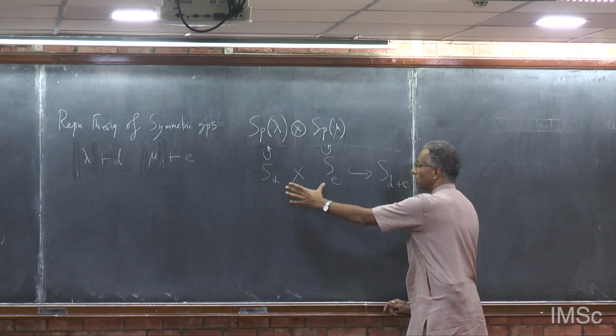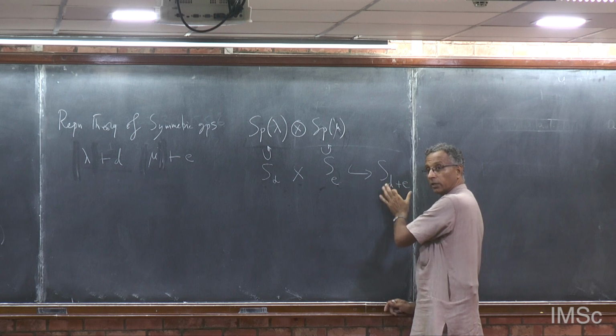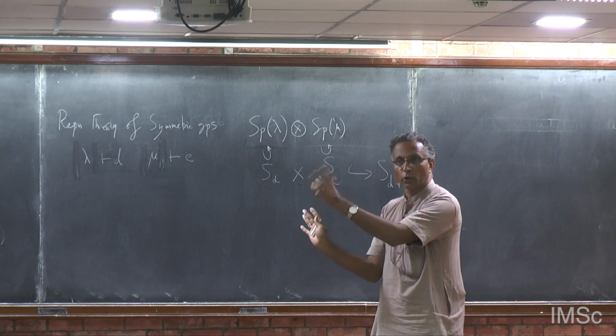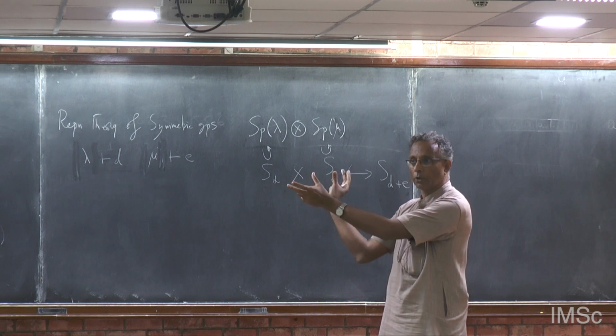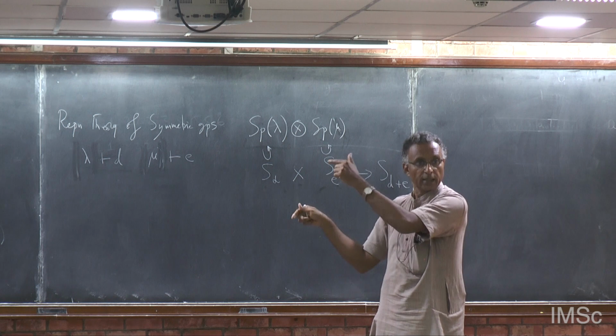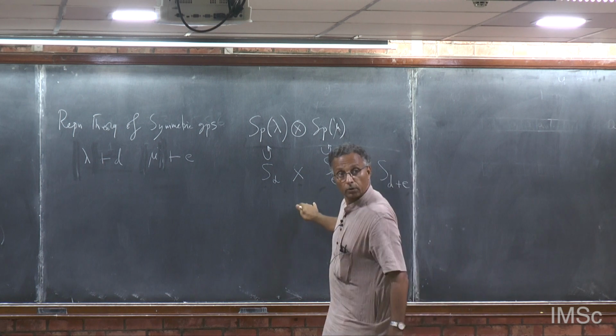So this subgroup consists of all permutations of D plus E elements where the first D are permuted among themselves and the next E are permuted among themselves. There is no switch between the first and the second. That is this subgroup.